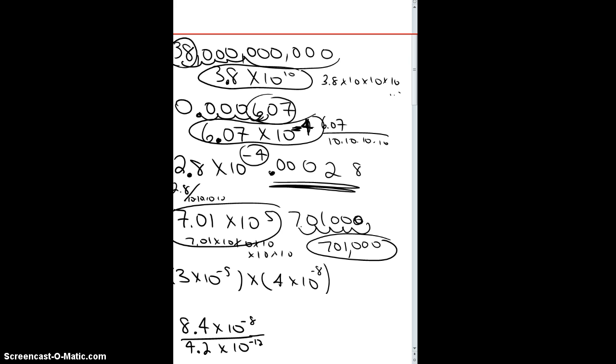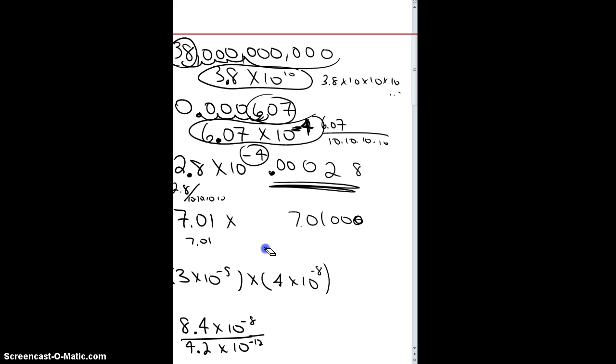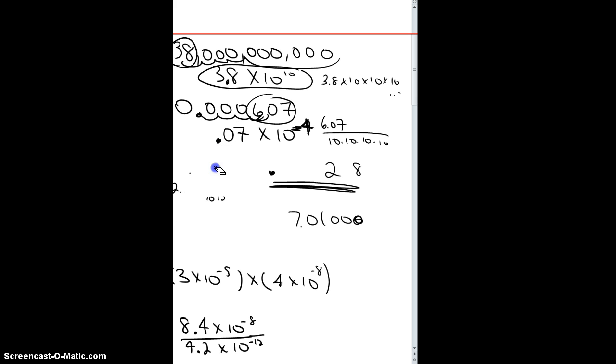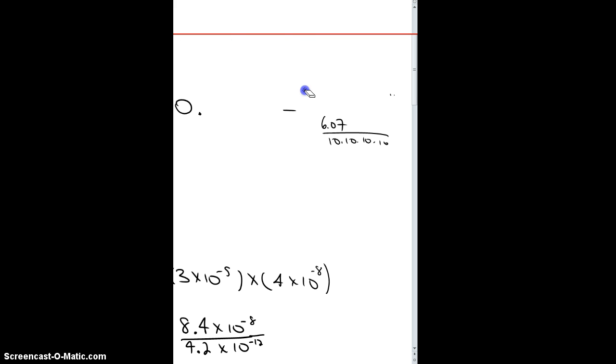All right, I'm going to erase these top ones for a second so we can have a little more space. On this bottom part, we're multiplying, and I have this problem right here.